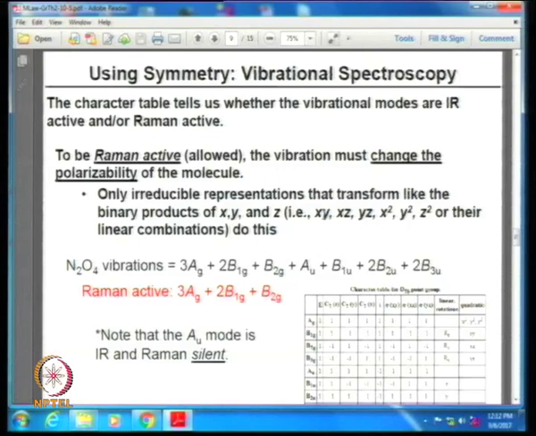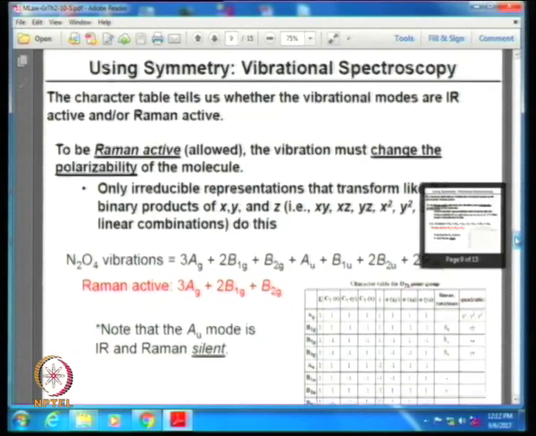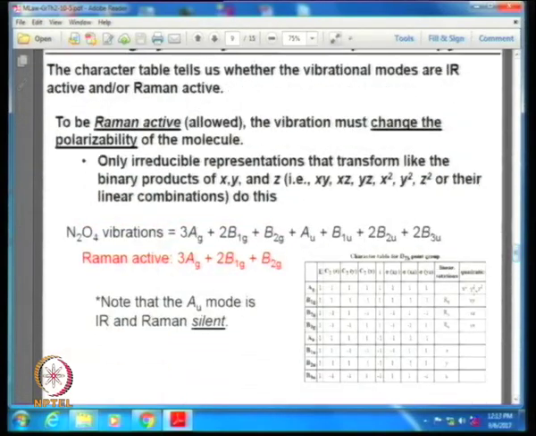So either x, y is any of these, and that in this table is this set of actions shown here, and so only the G's matter, the subscript G elements matter.